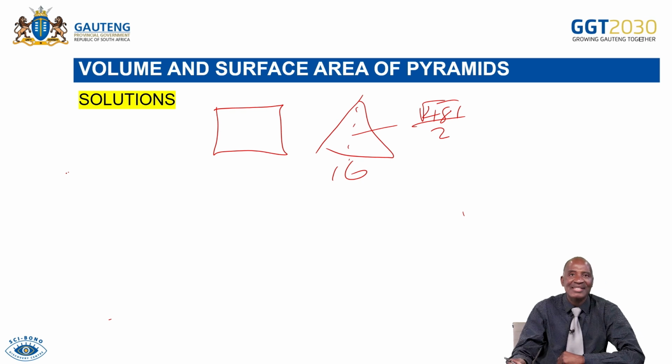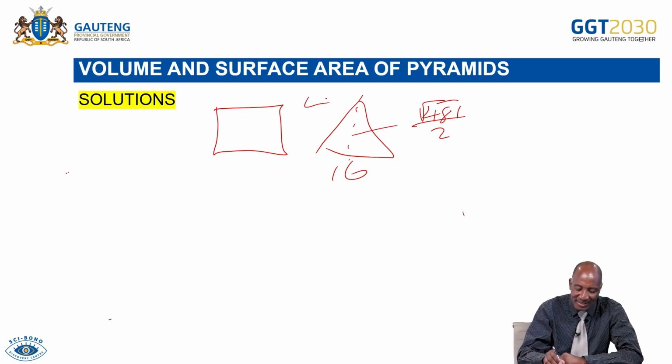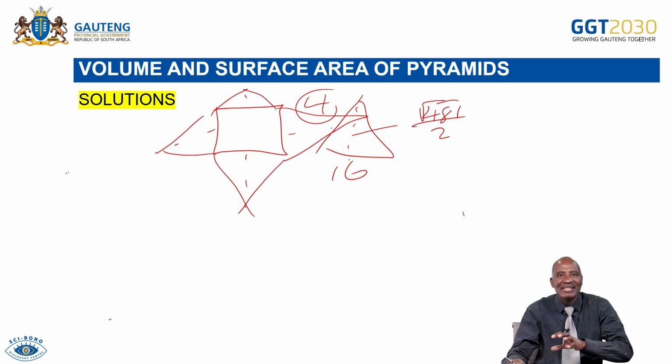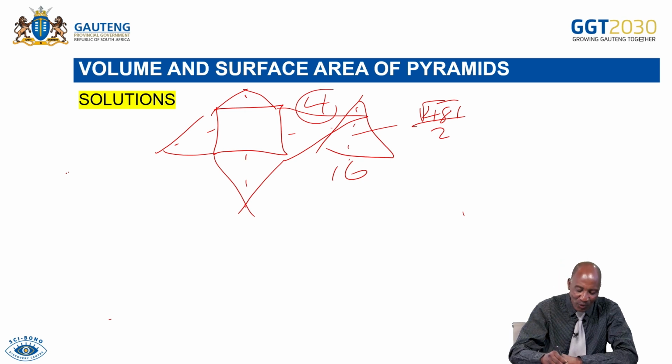That's the height of each triangle. But there are 4 of them. There are 4 of these based on what you are seeing there as a net. Another one there. Another one there. There will be 4 of them with the same area.